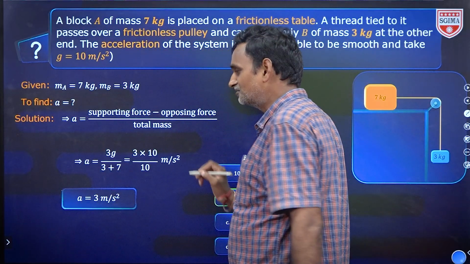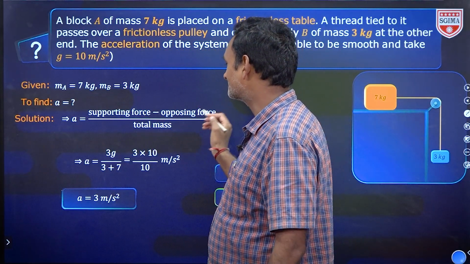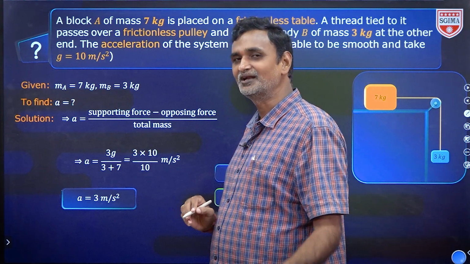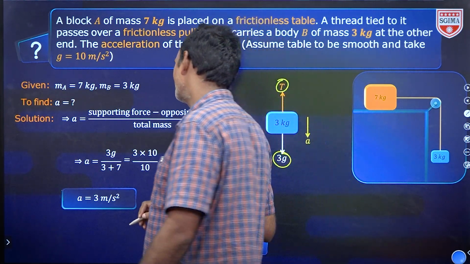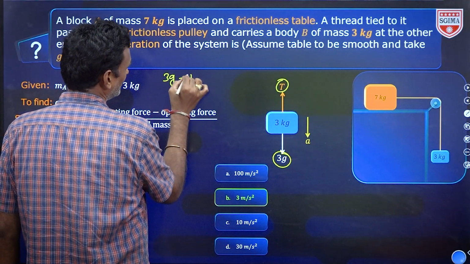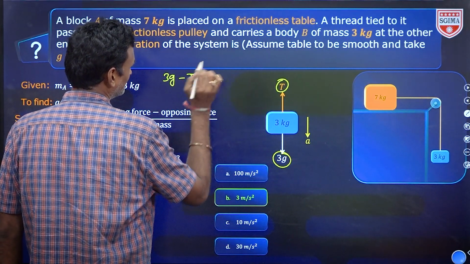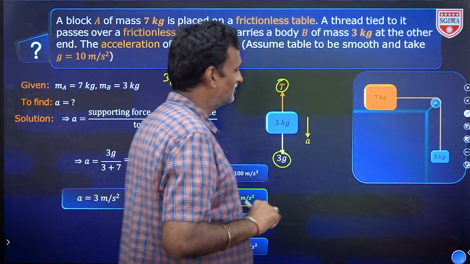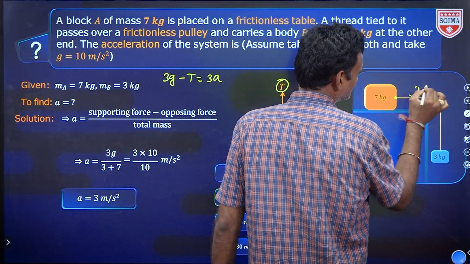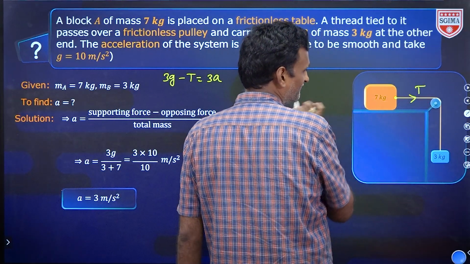Here they use supporting force minus opposing force by total mass to get the acceleration, but let us solve by the first method only. So let me take 3g minus T equals 3a, right? Next, what is the net force in the free body diagram for 7 kg? Right side force T and left side force nothing.